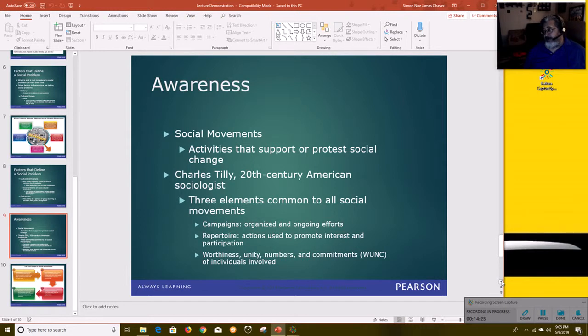Awareness usually leads to social movements. Social movements are when groups of people get together to either support or protest something. In the 1960s, there were many different types of social movements that happened for women's rights, equality, things like that.